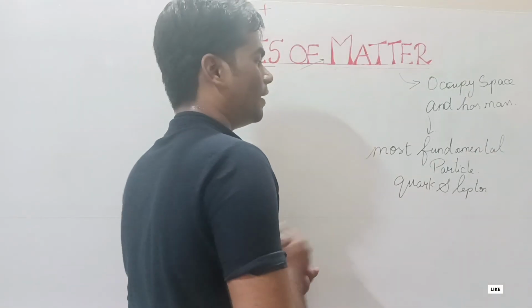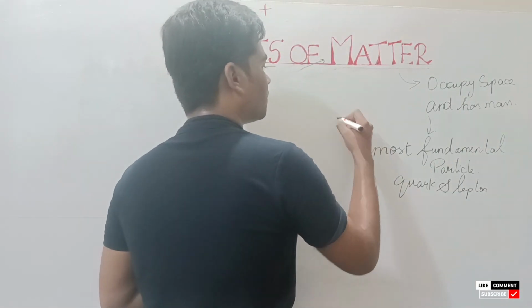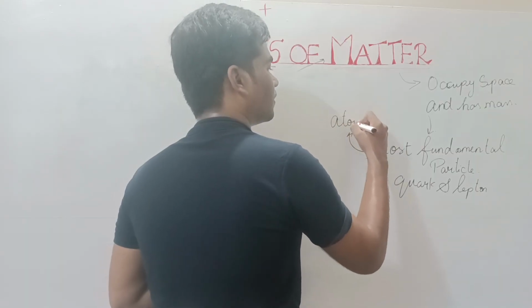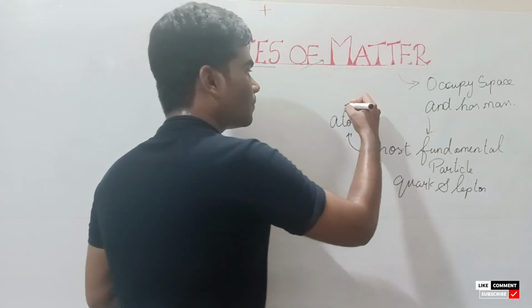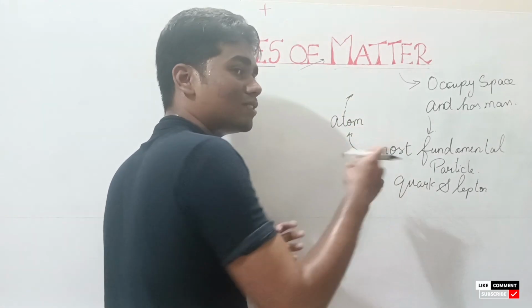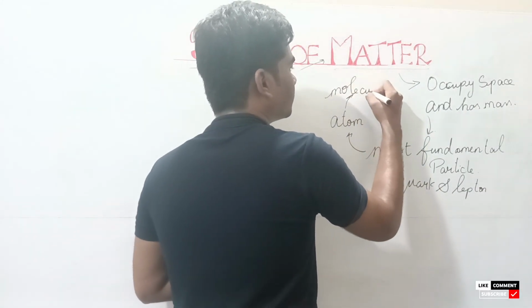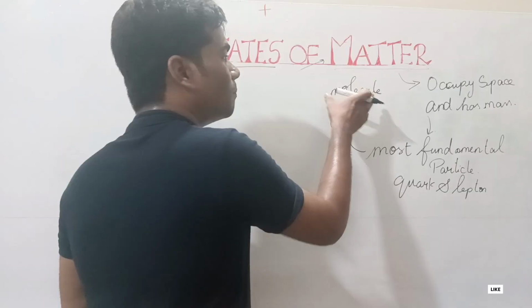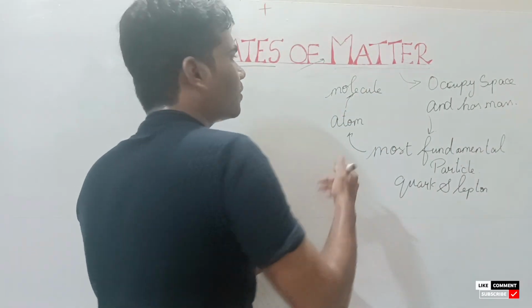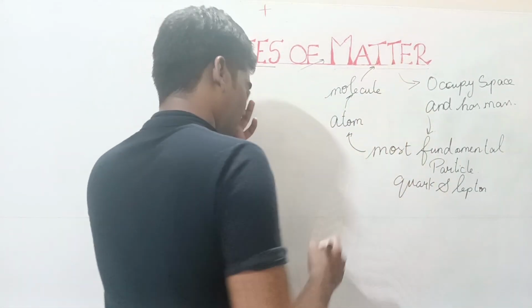These quark and lepton combine to form atoms, and two or more atoms combine to form a molecule, and molecules combine to form matter.